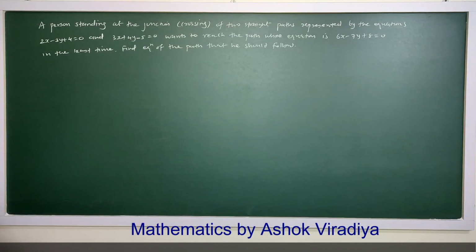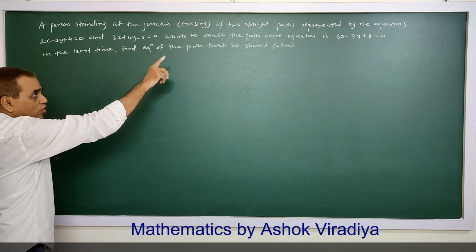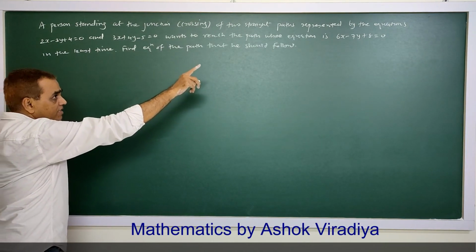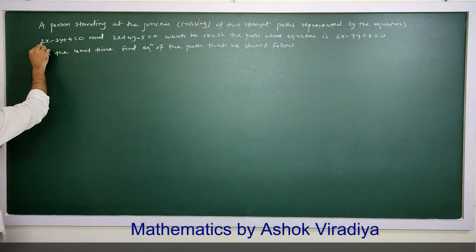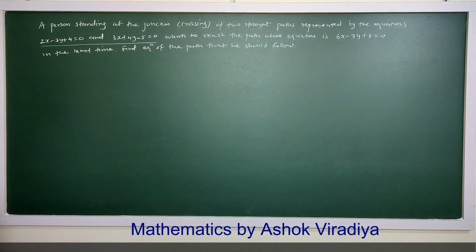Now next question. A person standing at the junction of 2 straight paths represented by the equations 2x minus 3y plus 4 equal to 0 and 3x plus 4y minus 5 equal to 0.